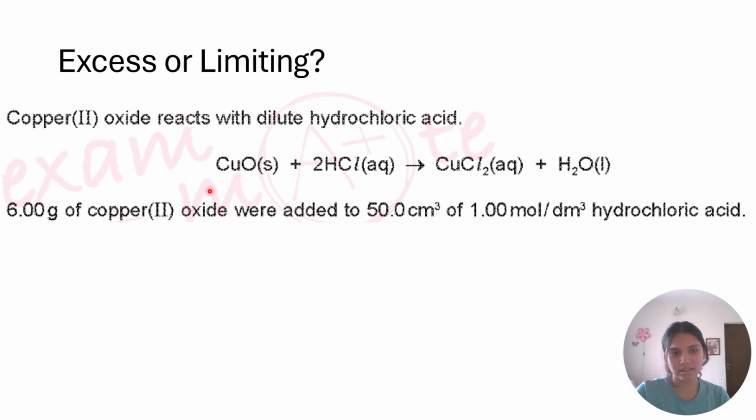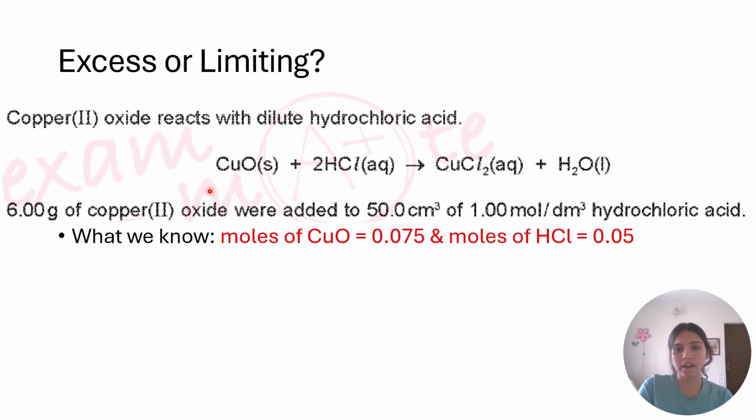So how to find this out? What we know already, we've calculated the moles of copper oxide to be 0.075. That's 6 over 80. And we've calculated the moles of HCl to be 0.05. That is 1 into 50 by 1000. Now what we need to do is see which one is present in more than what is required.